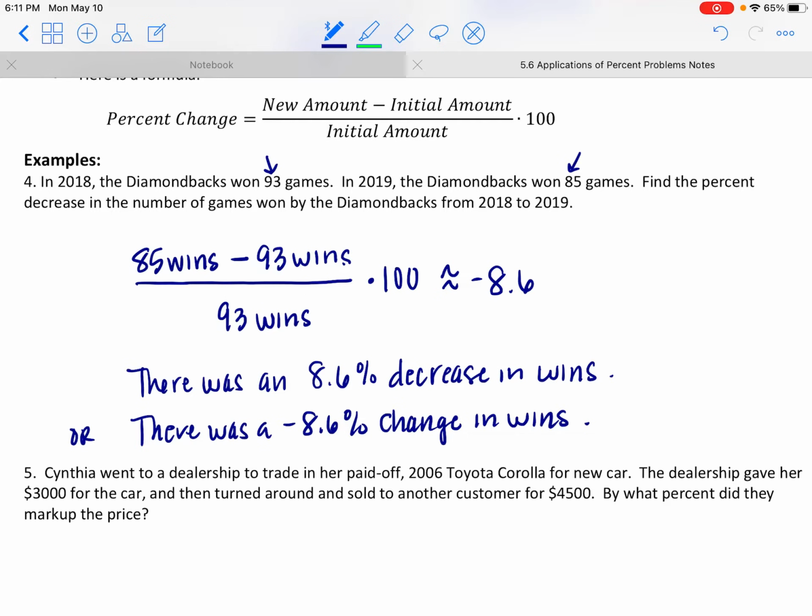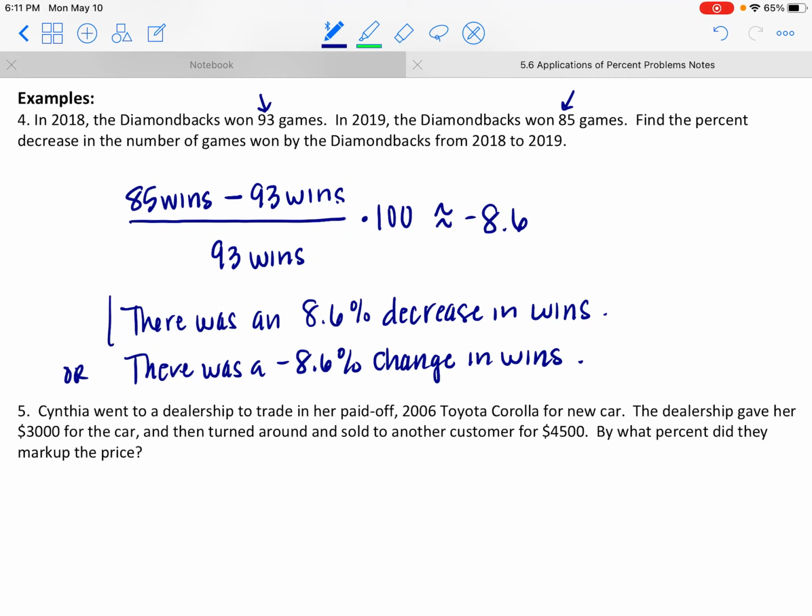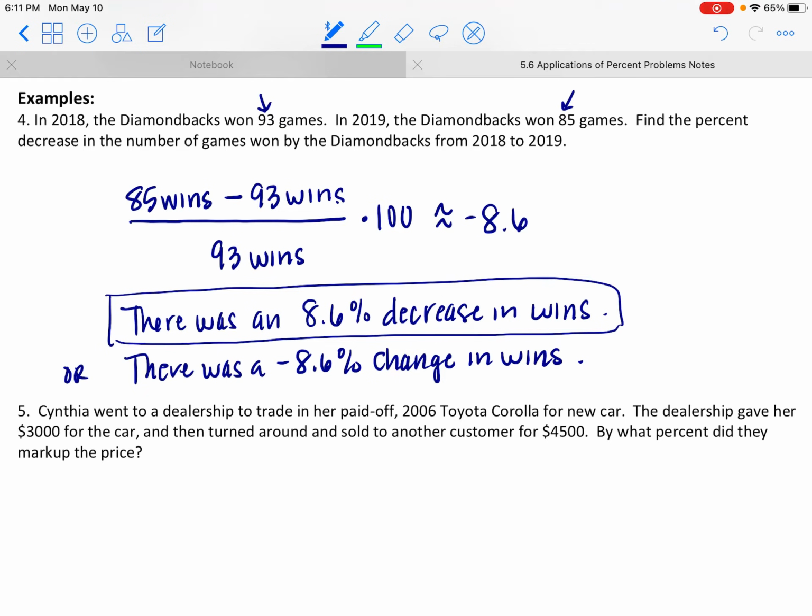So either one of those would be acceptable, but you don't want to put the negative and the word decrease because it's sort of like a double negative, okay? So I think this one makes a little more sense as an answer, but either one would be okay.